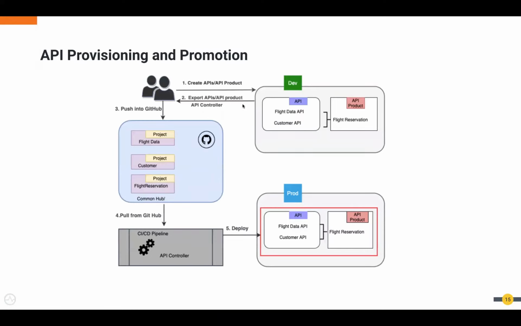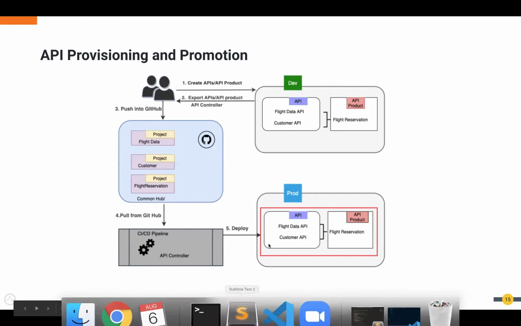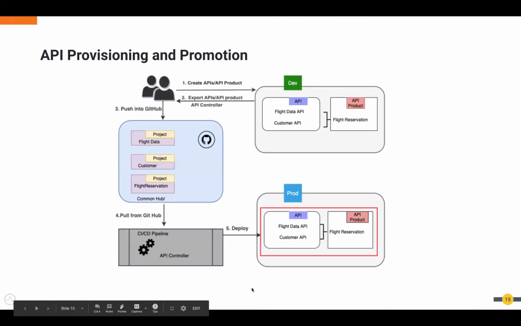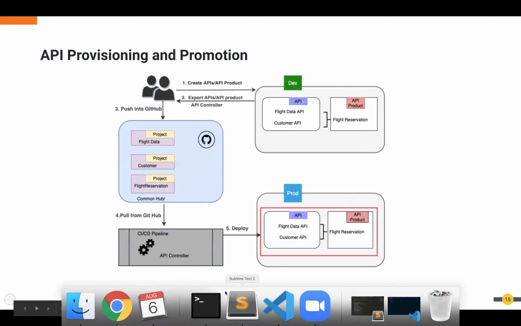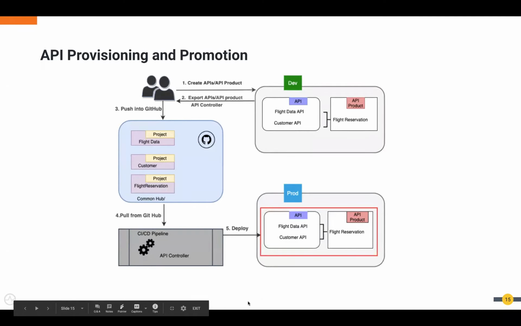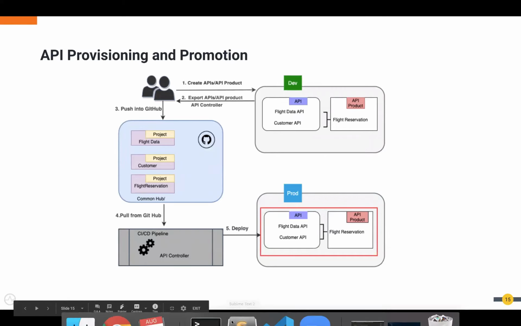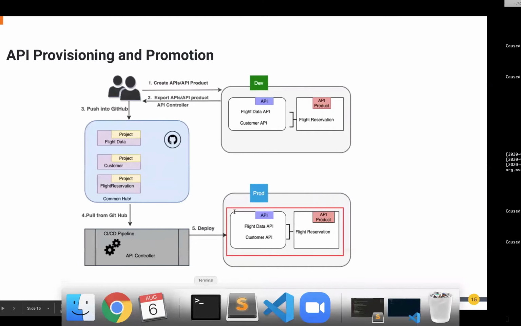As a next step, he needs to export those APIs from the dev portal and push them into GitHub. Now I'm going to export the flight data API and customer API and push them to the GitHub repository.